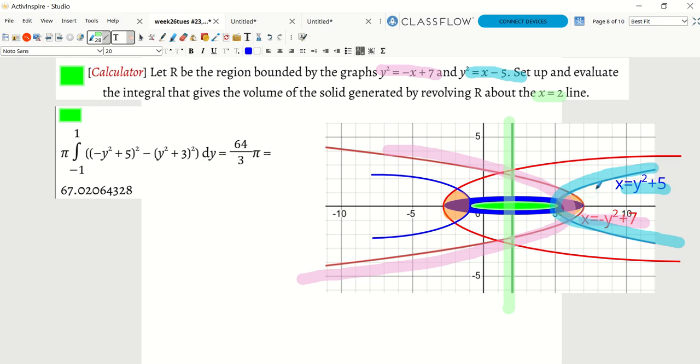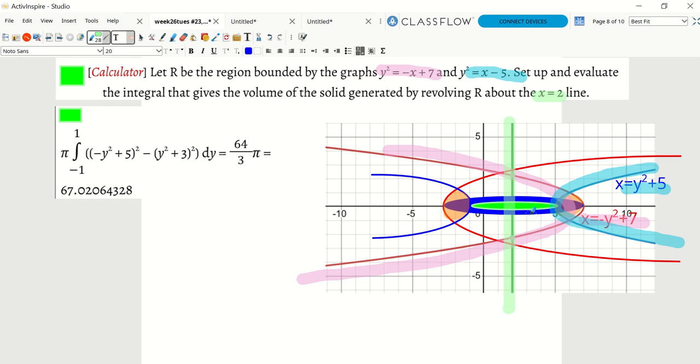And the area bounded between blue and pink is this orange here, and we're going to revolve that around this green highlighted vertical line as stated earlier.